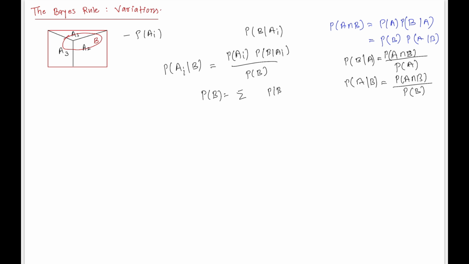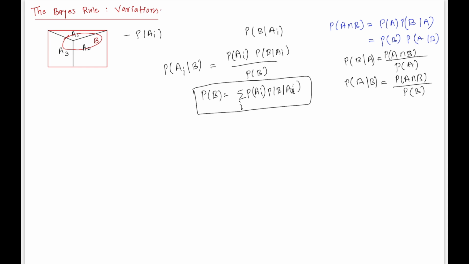So we weight the conditional probability of B under each scenario with the probability of each possible scenario, and sum this over all possible scenarios. This is how you get the probability of the conditioning event B, right?